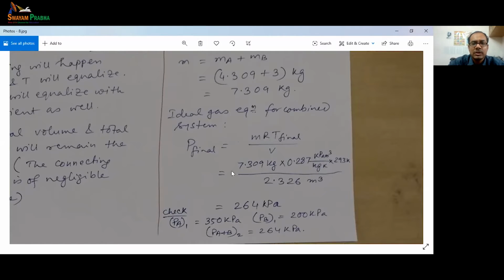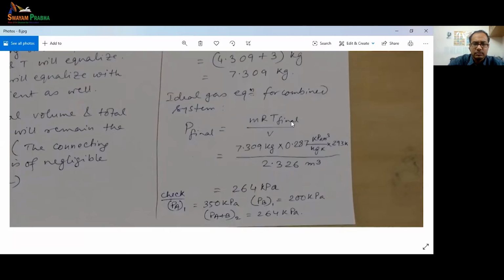What we don't know is the final pressure, and that's the one that we want to find out. Okay, so just use the ideal gas law again with the total mass and total volume. The gas constant will stay the same, and we find that the final pressure will be 264 kPa.